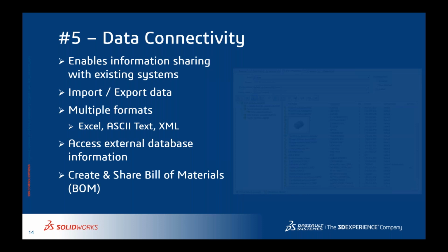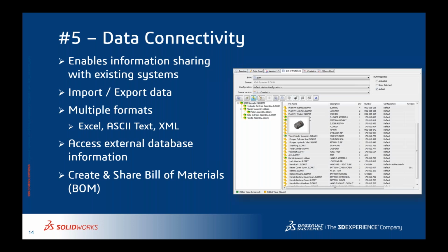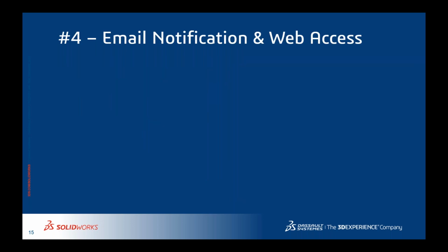So being able to have the PDM system access a customer database and allow your engineers to select from that database from within inside of the system is really another really common use case that the PDM Professional helps to facilitate. All right, so data connectivity, it's a big one, and it's a great capability that PDM Pro offers.